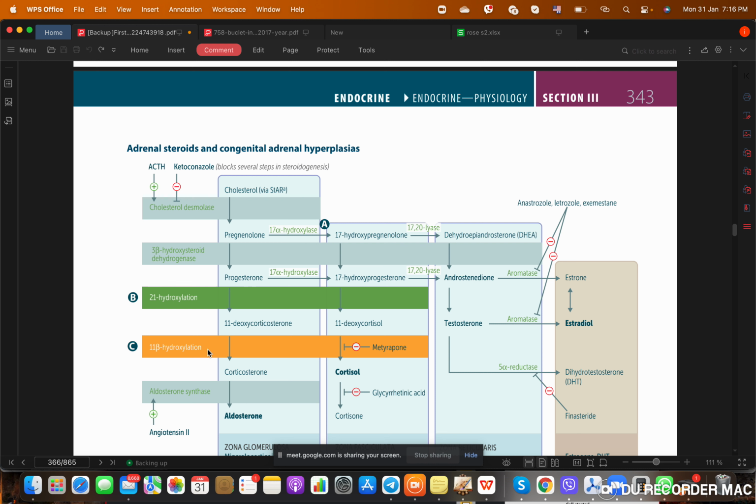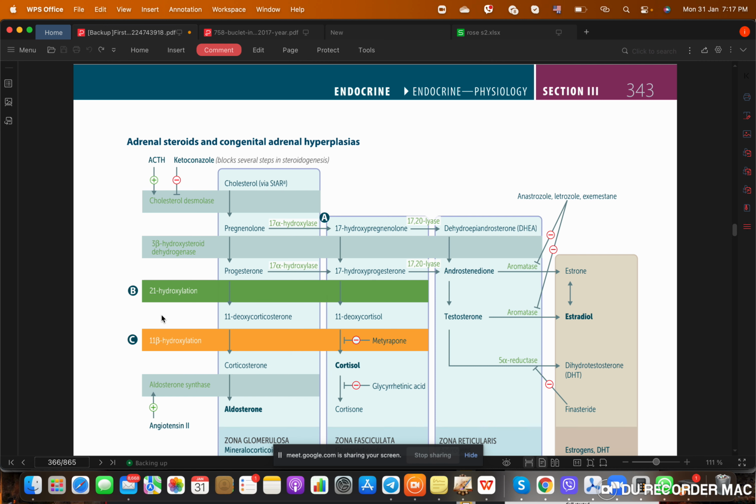So if I'm speaking about 11 hydroxylase, they are going to have hypertension and virilism. If I'm speaking about the 21, they are only going to have virilism. If I'm going to speak about the 17, what do you think? 17 will be blood pressure, because only the first one. Excellent.